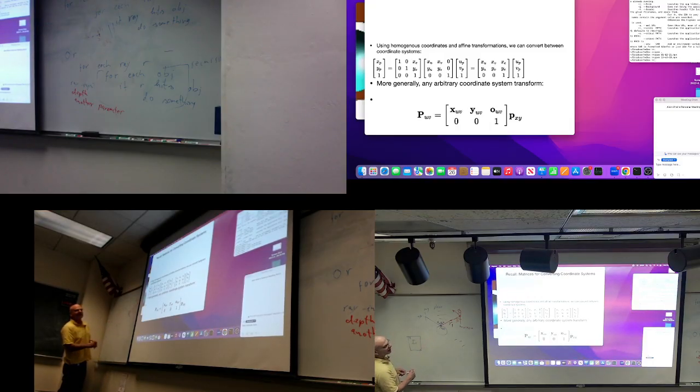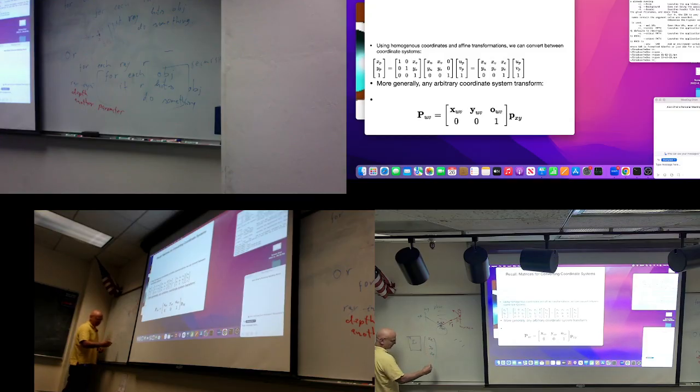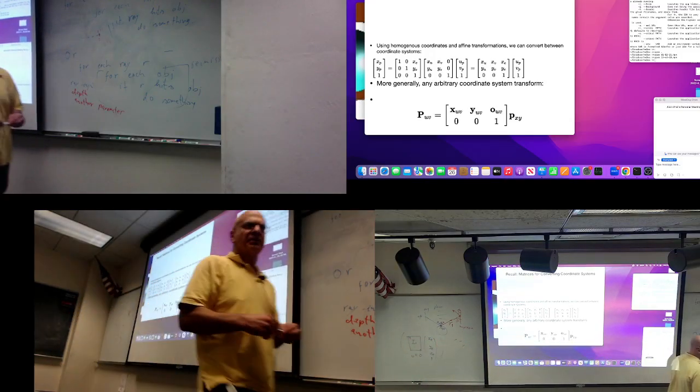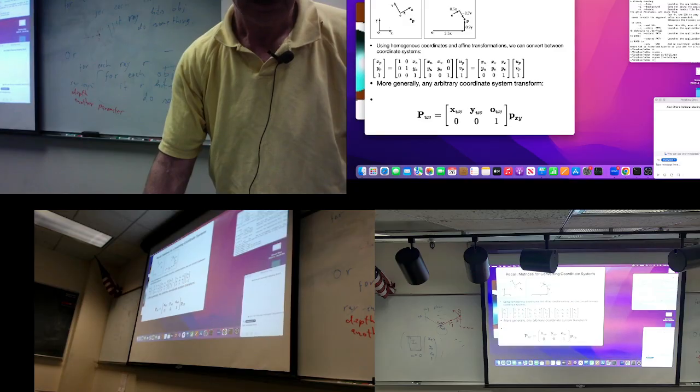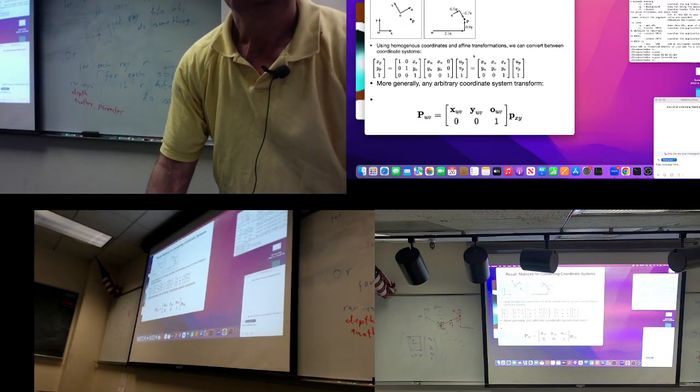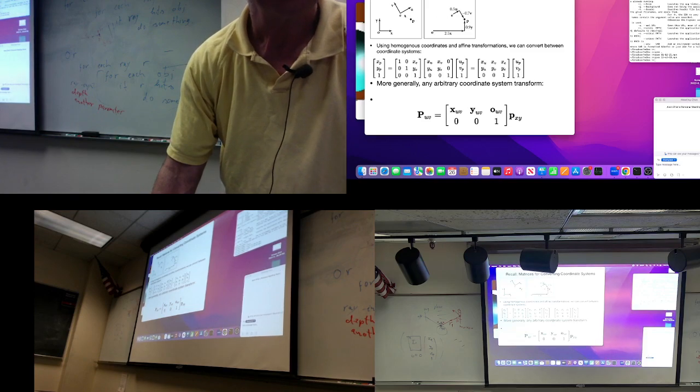And next to it, I have X_E, Y_E, Z_E, the coordinates of the E, and 1 at the end. This matrix makes a translation. Take O and move it into E. Right? So that's one part of the transformation.